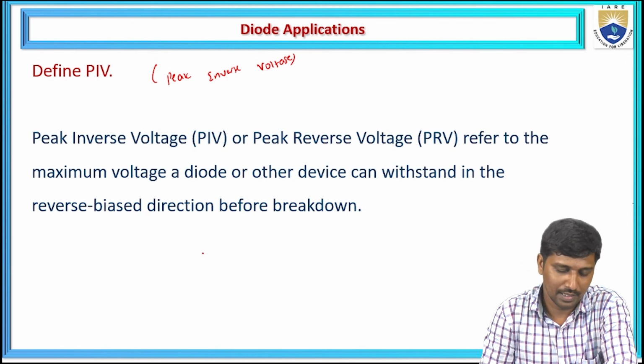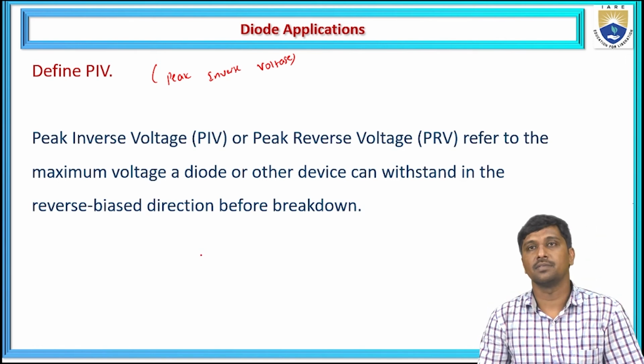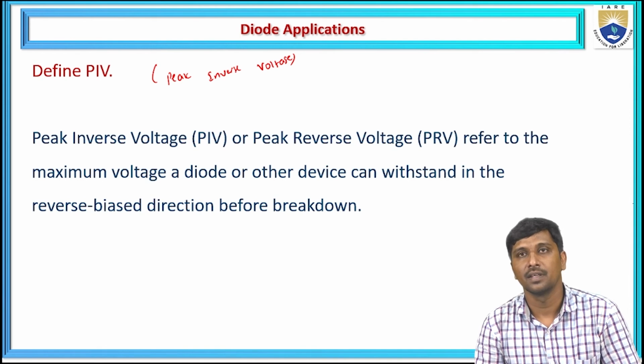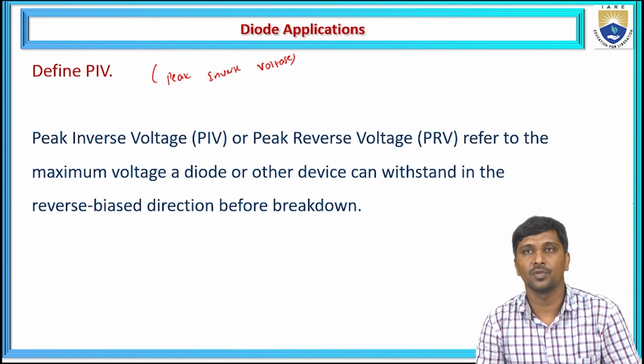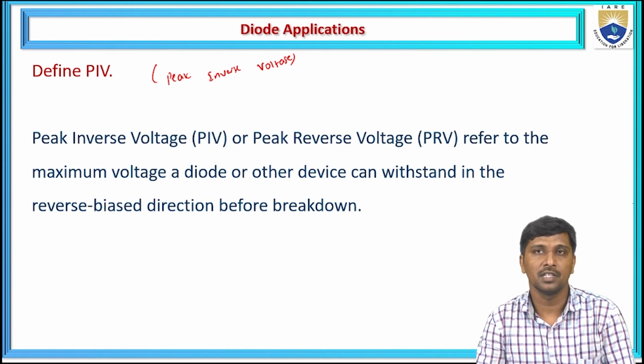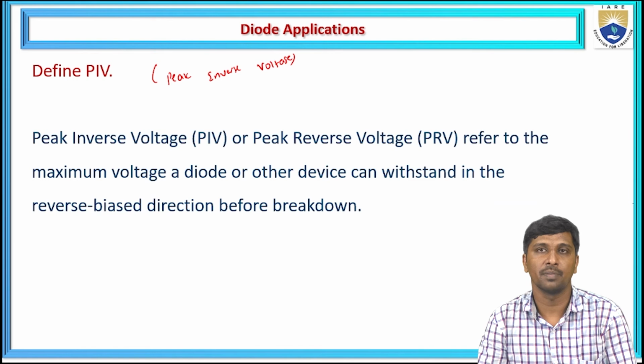Generally we know that a PN diode works under the forward bias condition only. If you apply reverse bias, no charge flows across the PN diode. But at a very large reverse voltage, the diode may get into the breakdown region.